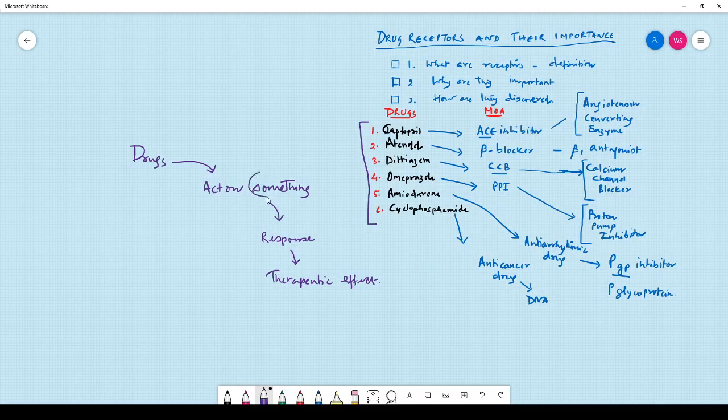So this something on which the drug acts, we call it a receptor. Okay, there's something on which the drug acts, we call it a receptor.